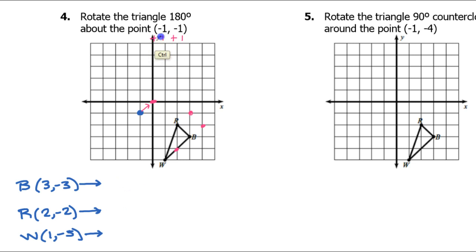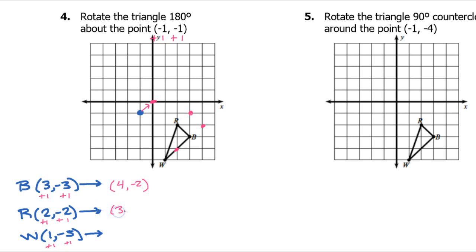So as you see, in order to turn the center into the origin, I would have to add 1 to everything. So that's what I'm going to do right now. I'm going to add 1 to everything. So +1 to all coordinates. So that's going to give me, these 3 points that you see here, that's going to give me 4, -2.